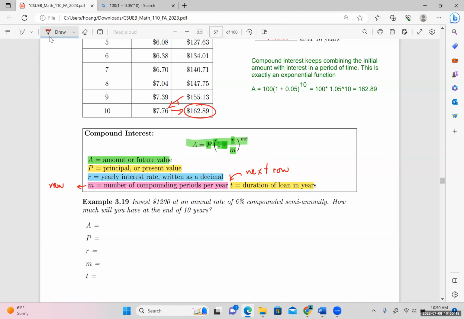So what does that mean? Let's look at an example and I'm going to show you.